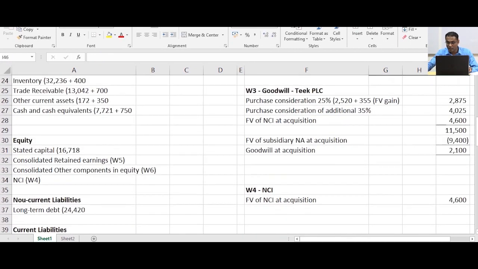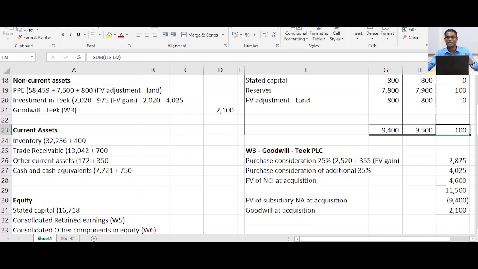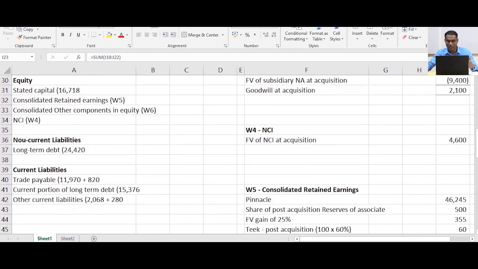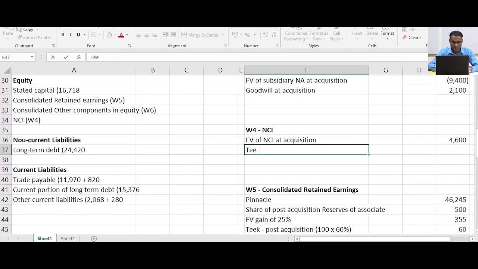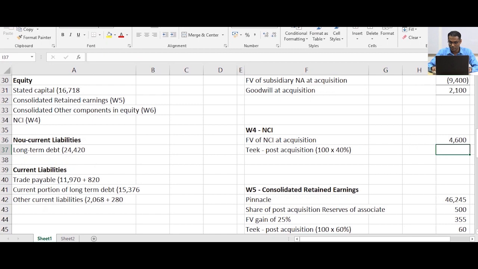Then out of this 100 post acquisition, 40% belongs to whom? Non-controlling interest. Allocate that 40% to working number 4, balance sheet NCI value. So for Teak subsidiary post acquisition, 100 into 40%, which comes to 40.